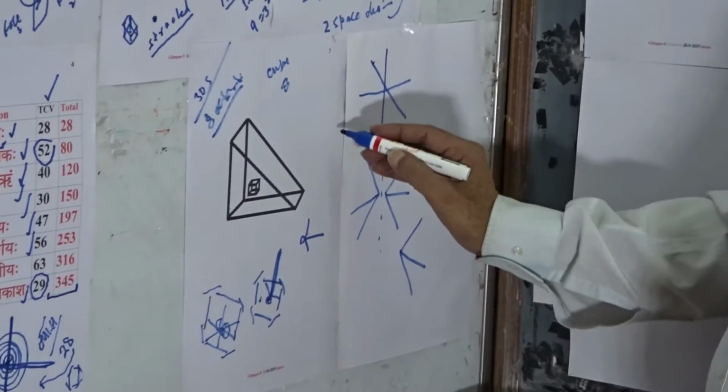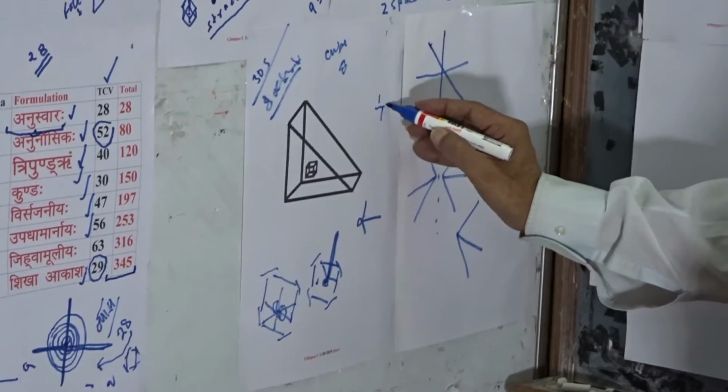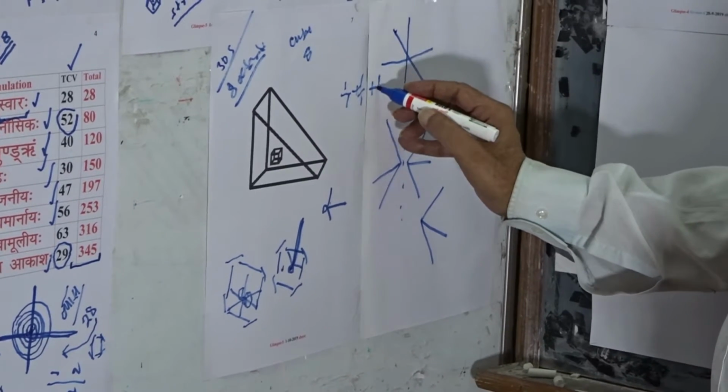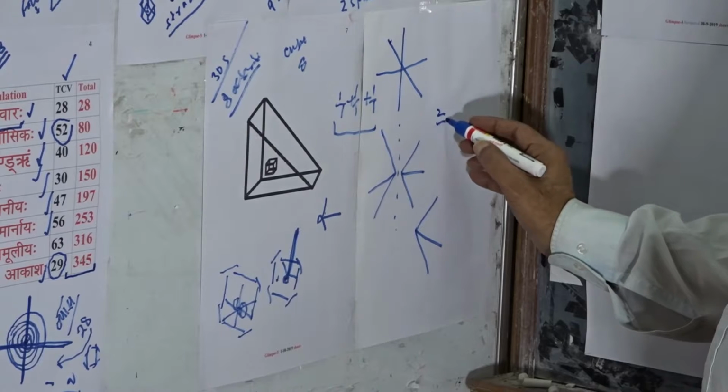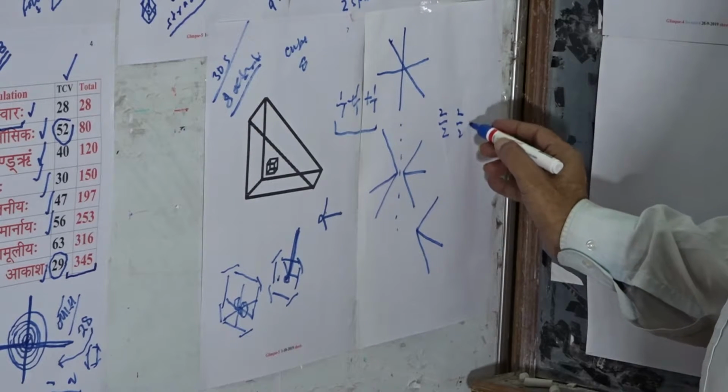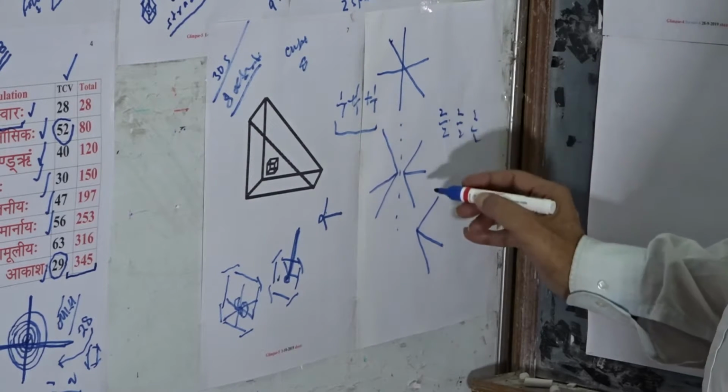Further, we know that 1 over 1 plus 1 over 1 plus 1 over 1 is the linear order setup, and 2 over 2, 2 over 2 and 2 over 2 is the spatial setup.